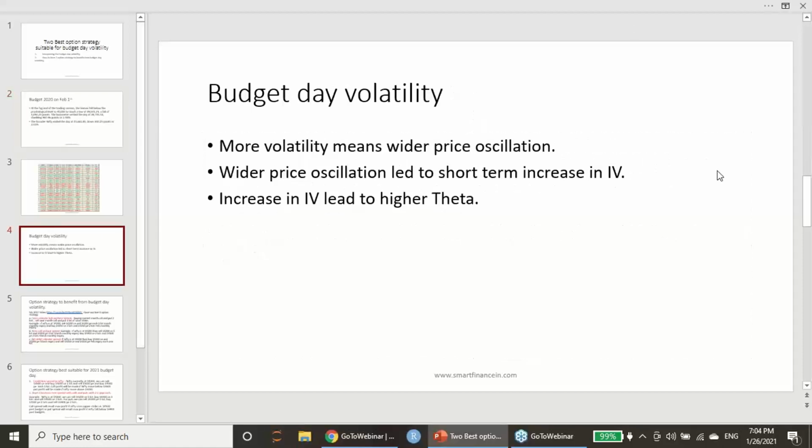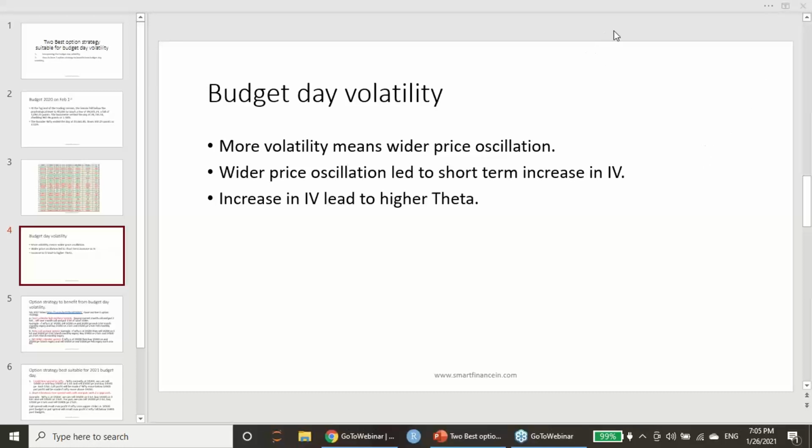So on the budget day, what happens? More volatility means wider price oscillations. Wider price oscillations will happen on that day, and that is one of the expectations. Wider price oscillations lead to an increase in implied volatility of options.